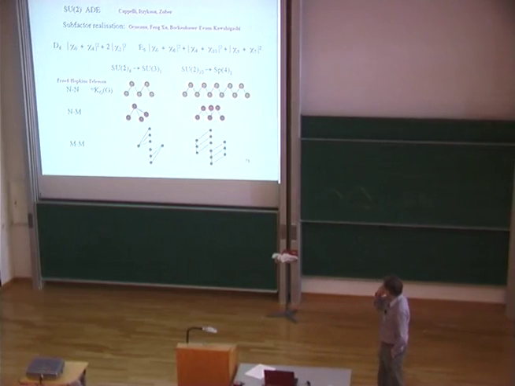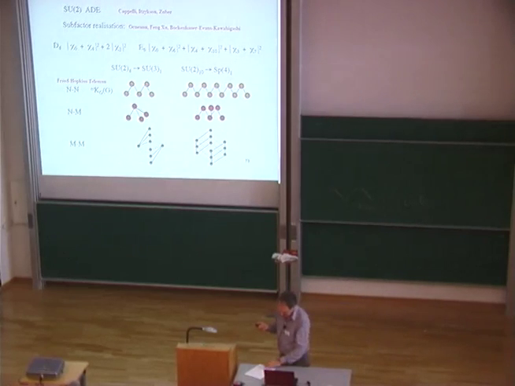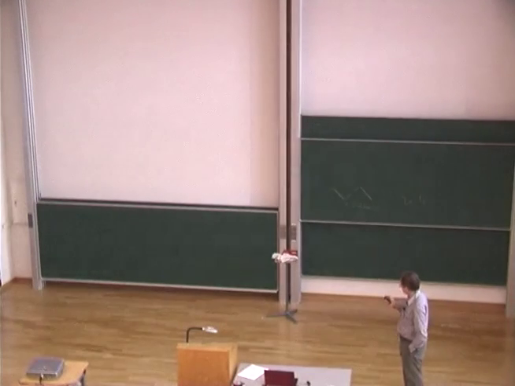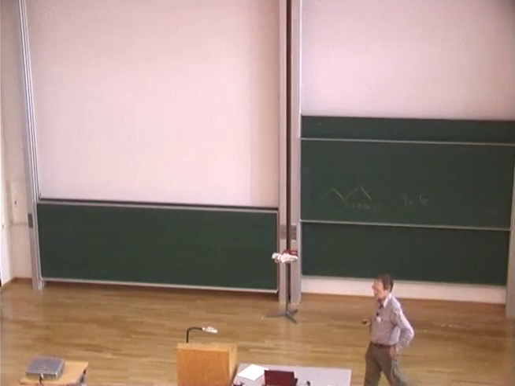So the challenge is to understand these SU2 modular invariants and beyond using K-theory, and then use K-theory tools to construct modular invariance. Okay, so here I've written down two modular invariants, D4 and D6.